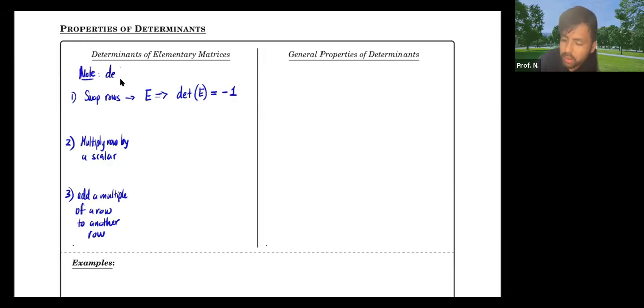What's the determinant of the identity matrix? Well, remember the identity matrix? The diagonals are all ones. You have zeros everywhere else. So the identity matrix is a diagonal matrix. And diagonal matrices have very similar properties to triangular matrices.